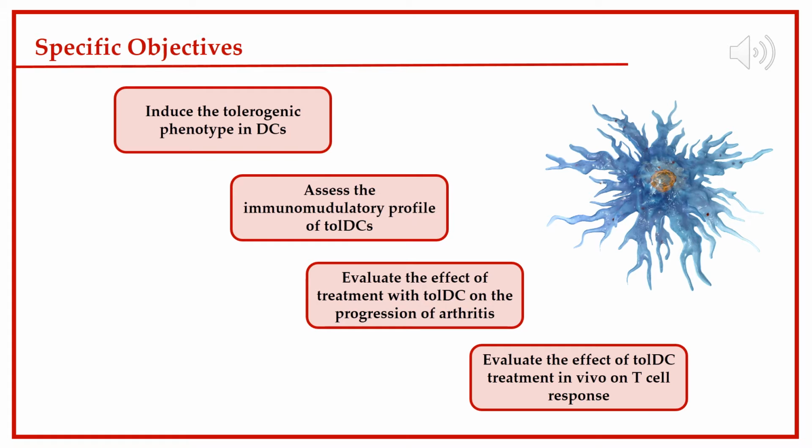They are: induce tolerogenicity, evaluate immunomodulating profile of TOL-DCs, evaluate the effect of treatment with TOL-DC on the progression of arthritis, evaluate the effect of treatment with TOL-DC in vivo on the response of T cells.